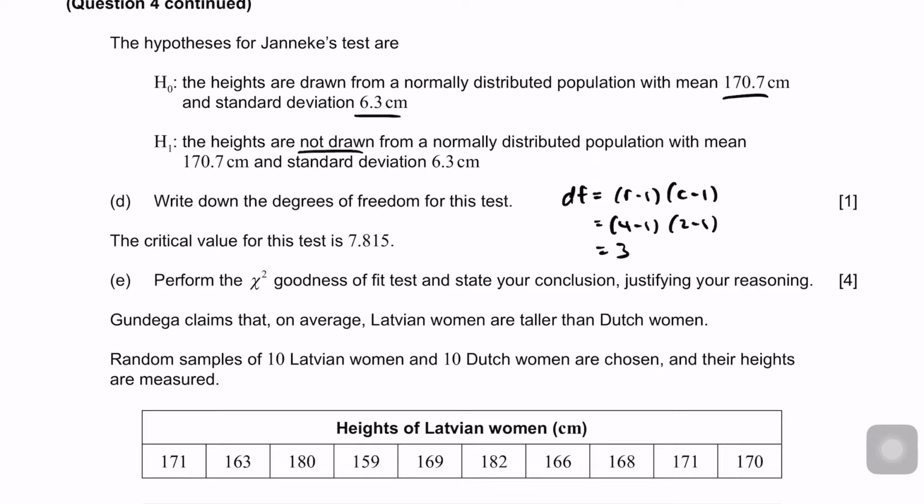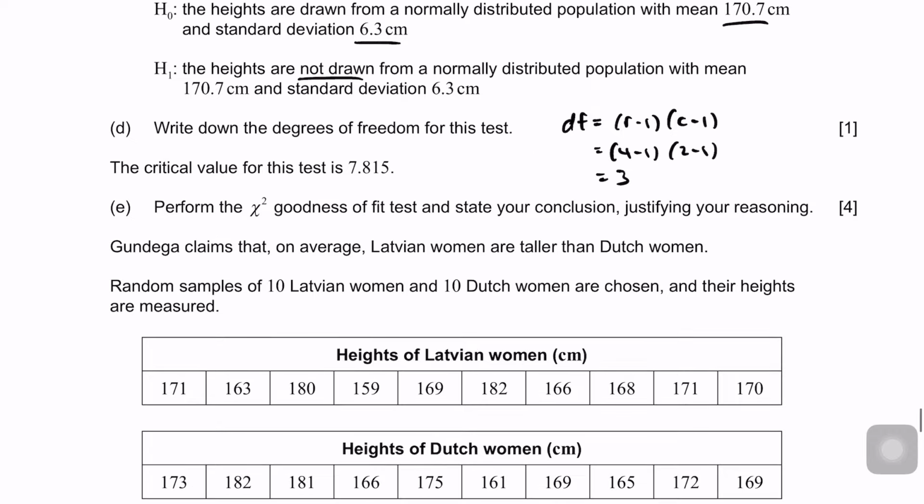The critical value for this test is 7.815. They're asking us to perform a chi-squared goodness of fit test and state the conclusion justifying your reasoning. Okay, so pretty straightforward chi-squared goodness of fit test.